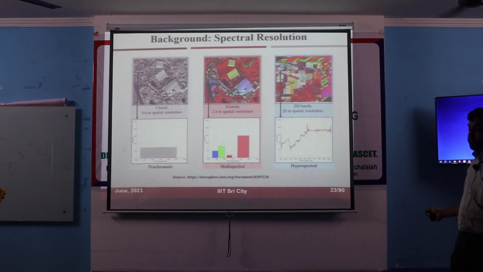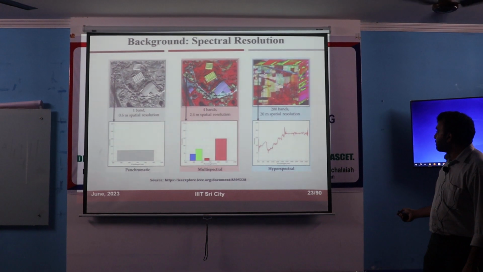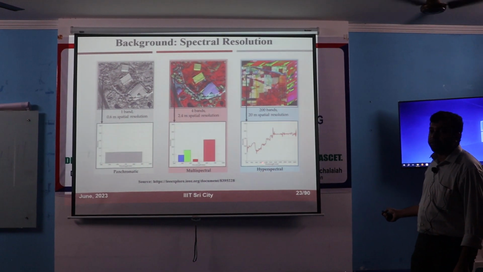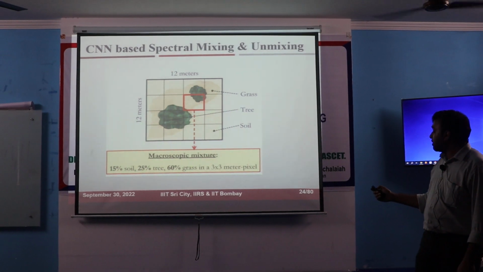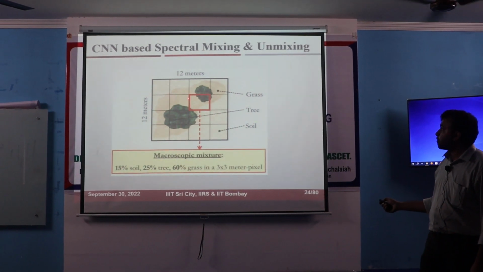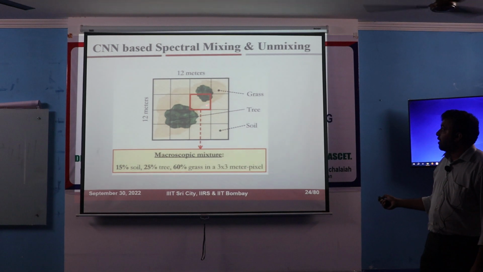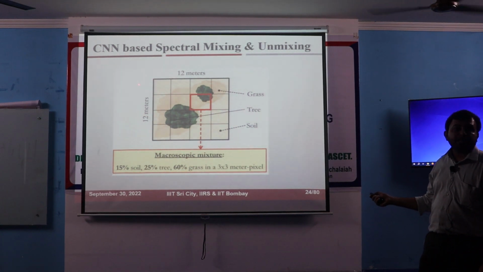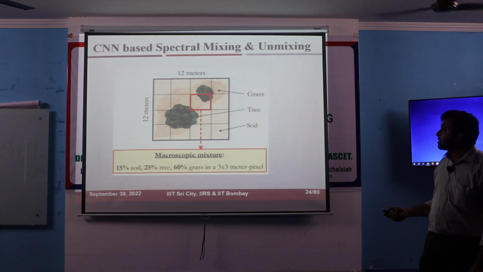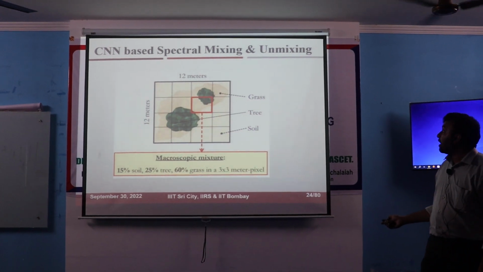So that's the spectra. This spectra will be different for wheat, different for barley, different for soil. But the problem is, if you have more than one such thing in your field of view, then spectral mixing will happen. So this is a problem that we have to address.